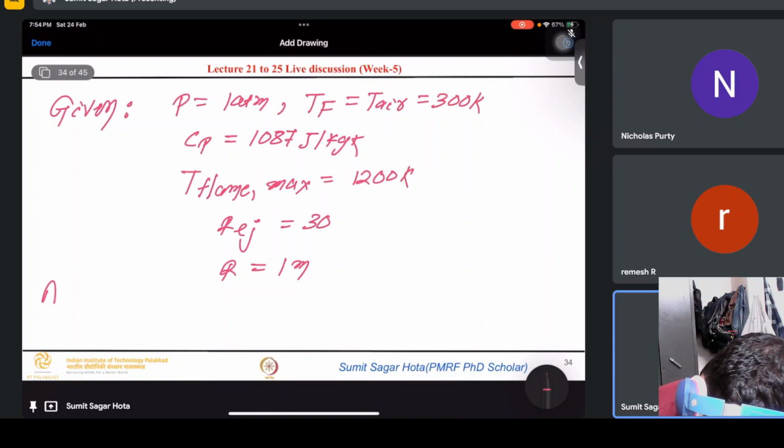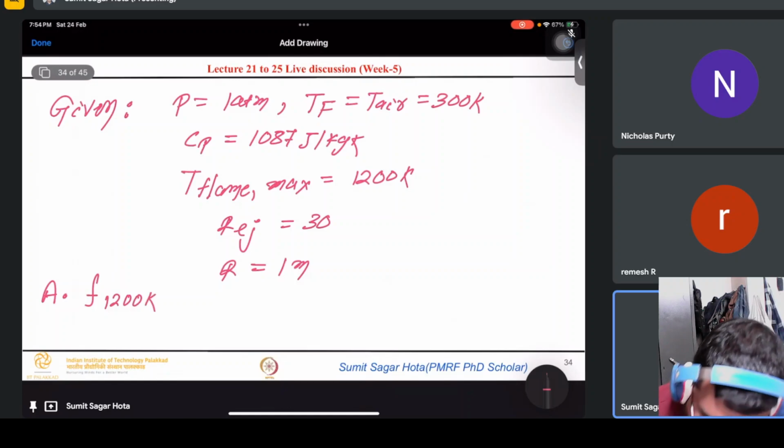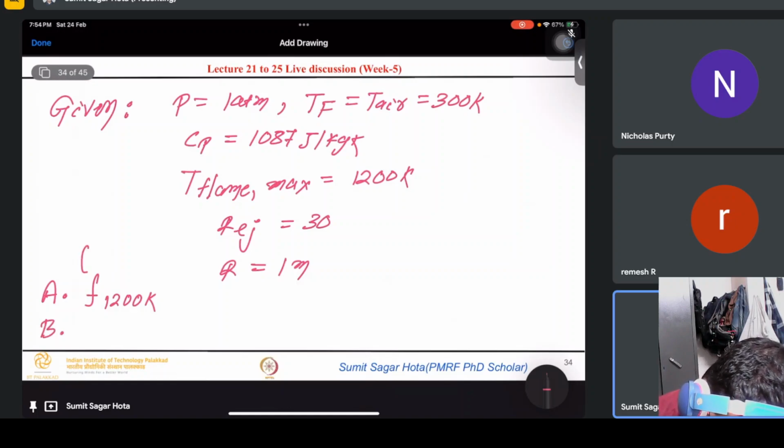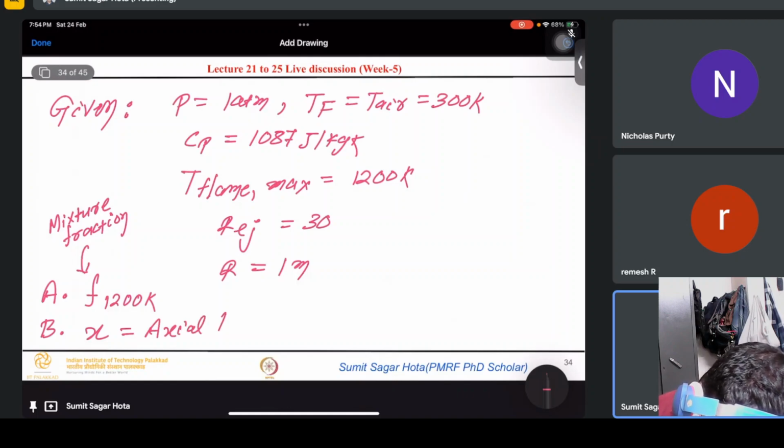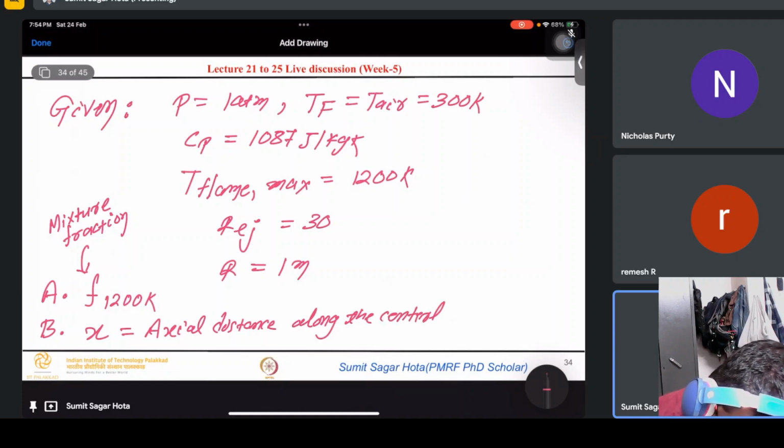We need to find f at 1200 Kelvin, the flux, and the axial distance along the center line.